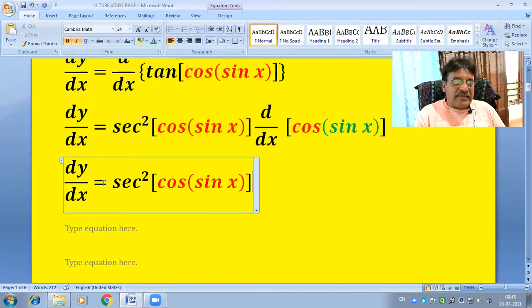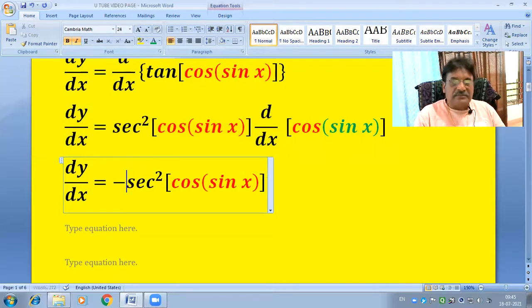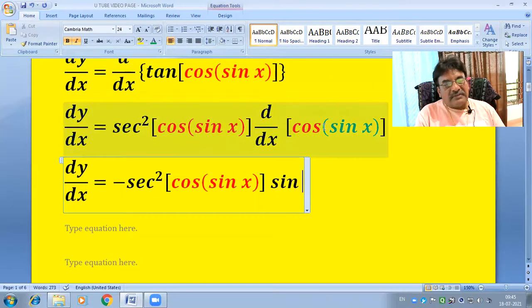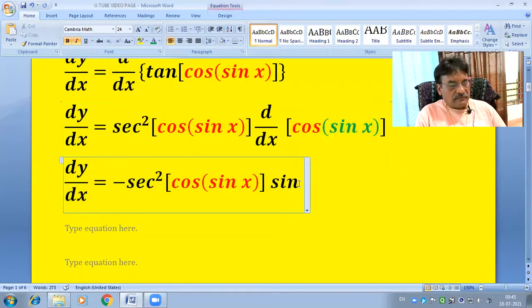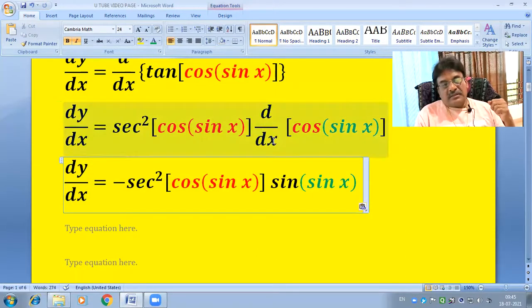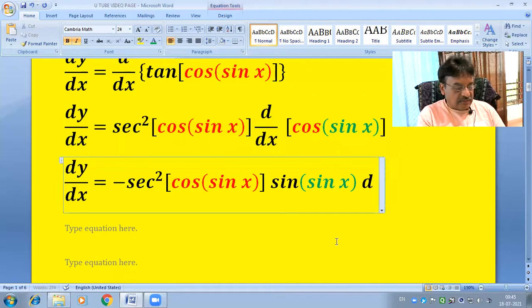So we write minus sin of sin x into d/dx of the green color function, that is d/dx of sin x.